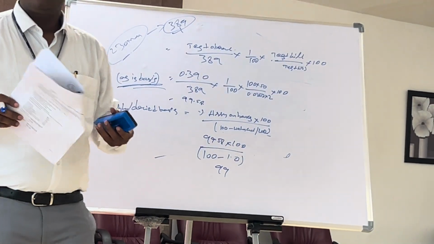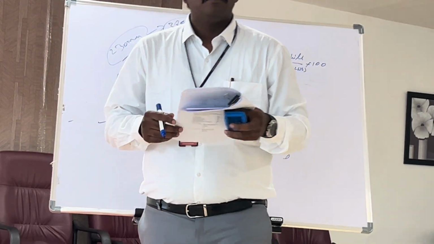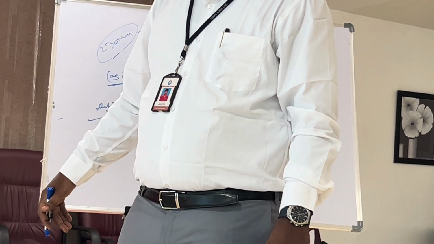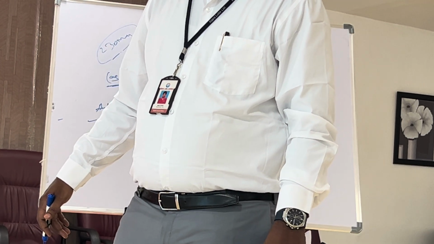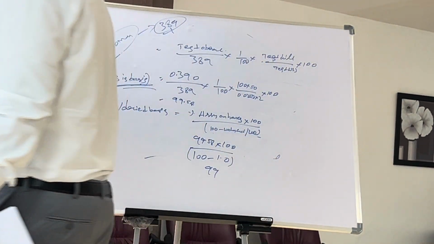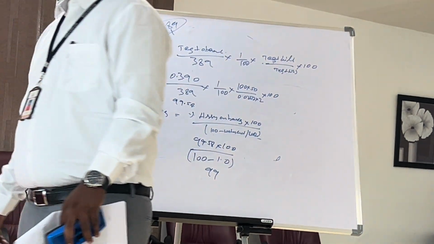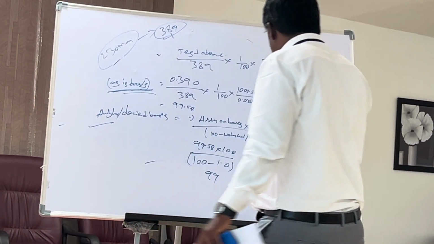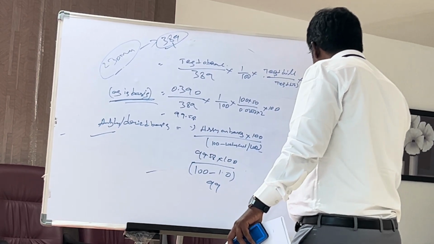Can we use 100 minus water content or 100 minus LOD? Both will come the same. The difference is 100 minus LOD divided by SA as-is basis into 100.